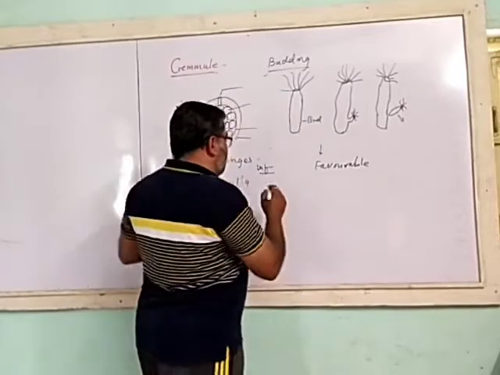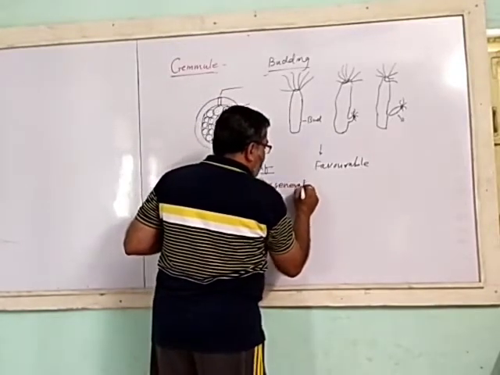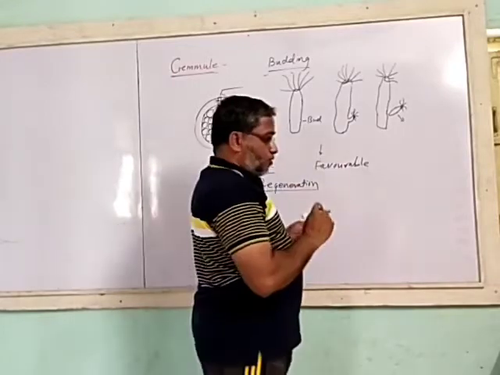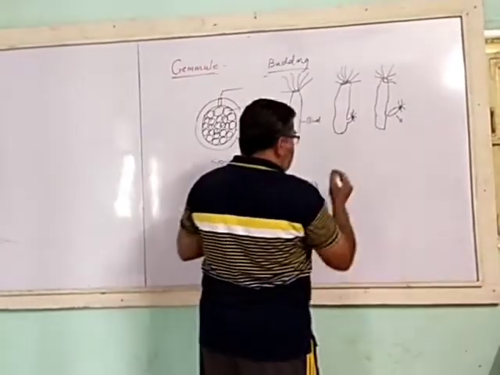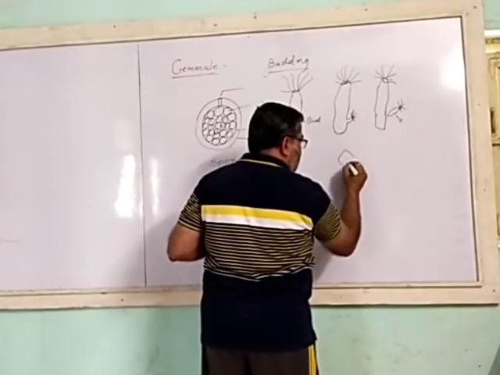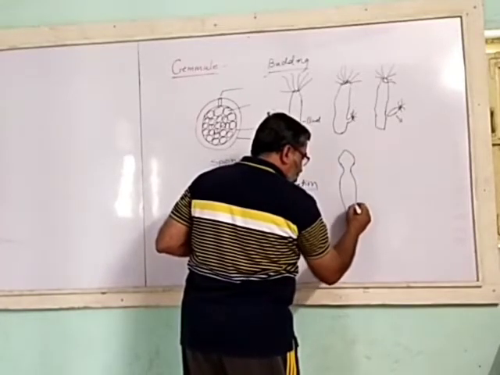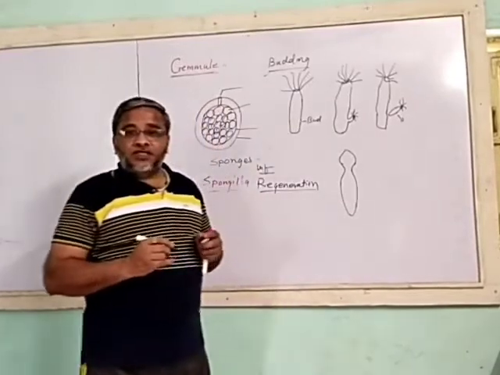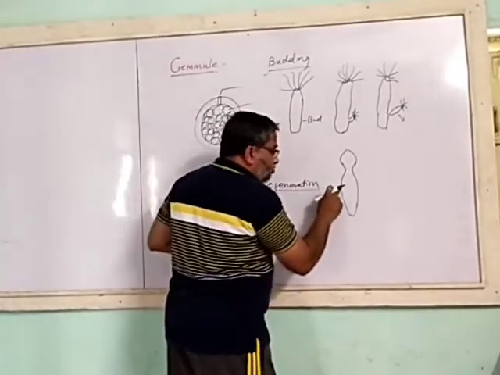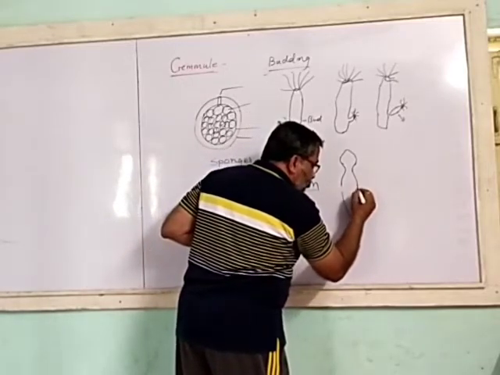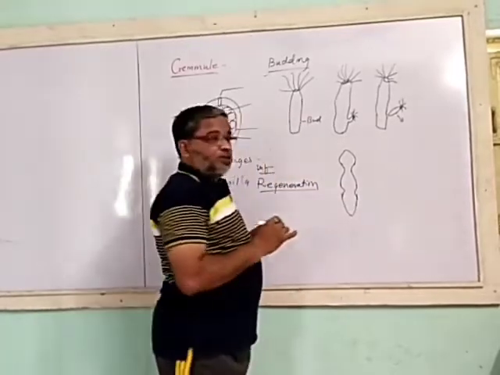The third and important process is regeneration. What is regeneration? We know the animal planaria, a flat worm. This planaria shows the process of regeneration, meaning it exerts a pull on the anterior part and on the posterior part.